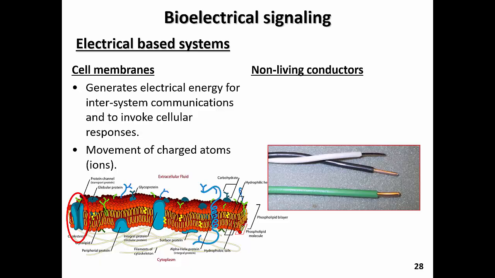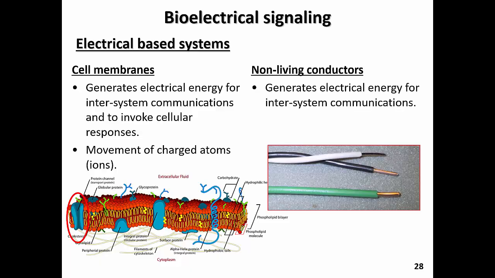And to contrast that process, non-living conductors carry out the exact same function. Non-living conductors generate electrical energy for inter-system communications, and the non-living conductor does not move whole atoms.